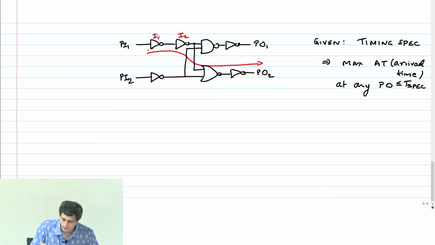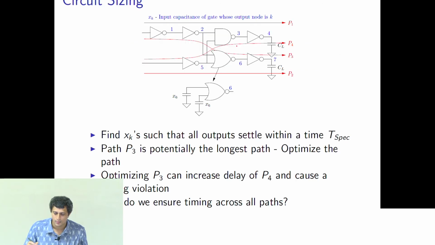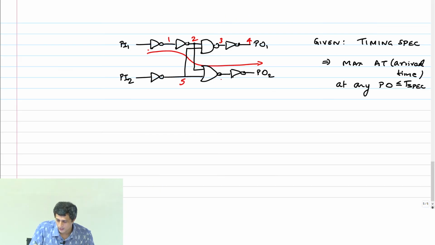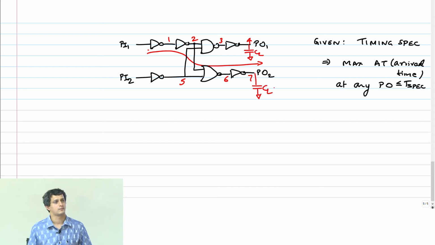Let me not call this I1, I2. I'm going to call this 1, 2, 3, 4, 5, 6, and 7. Okay. The output, of course, has to drive some load capacitance.